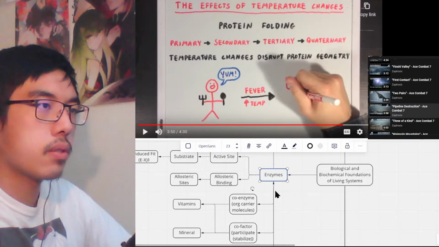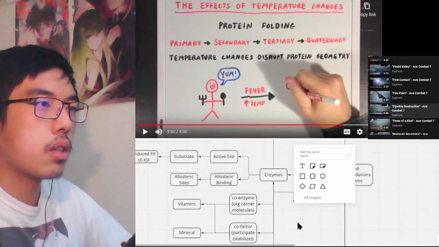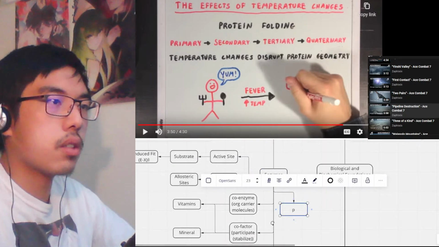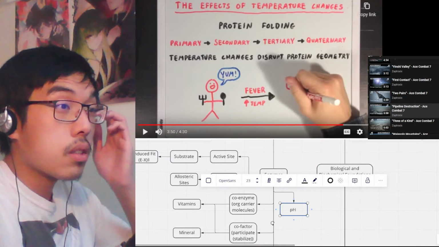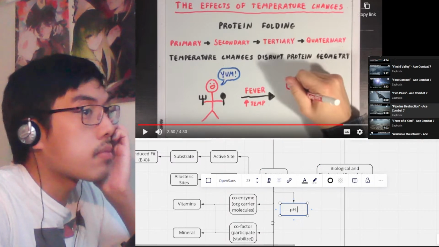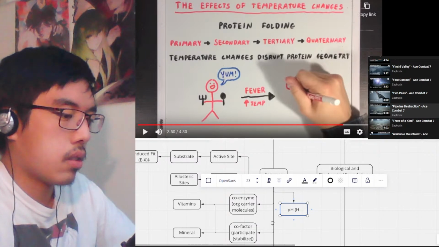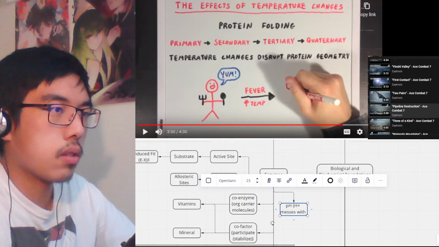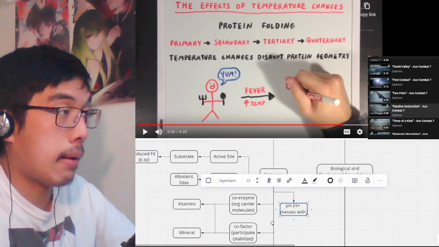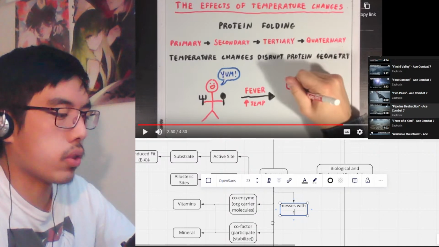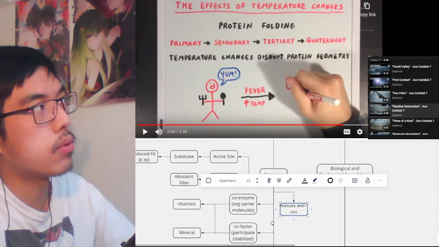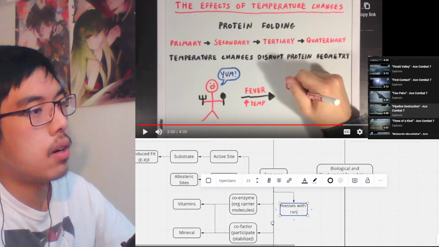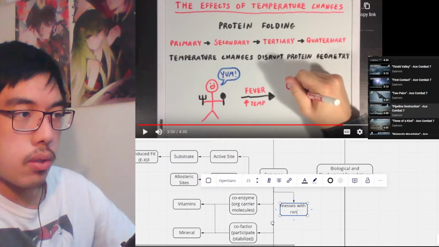Okay, hang on. We include pH and then write down that proton messes with... How do you describe it?